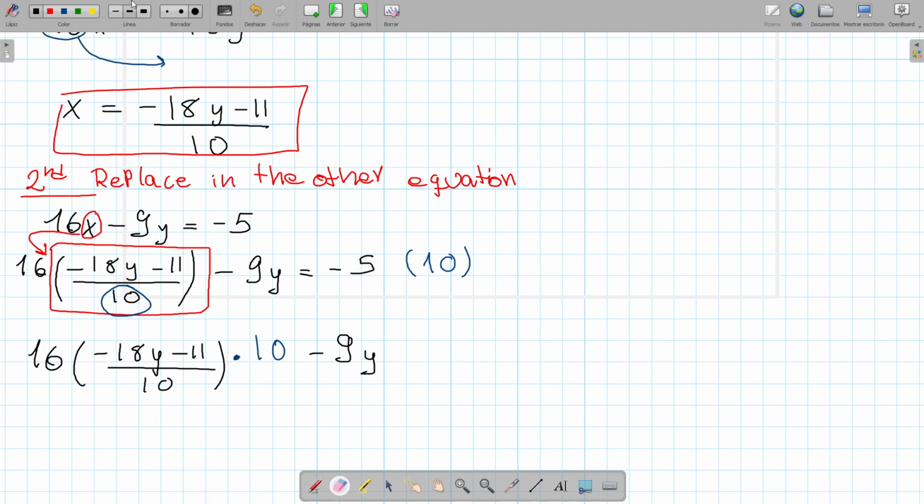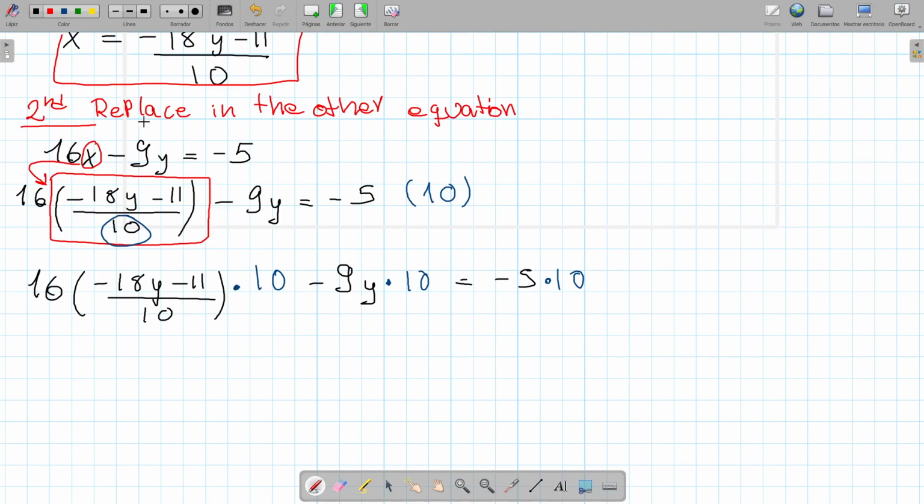Here I forgot to multiply everything by 10, and this equals minus 5 also multiplied by 10. This 10 multiplying everything will make this 10 and this 10 go away. Now we don't have any fractions.